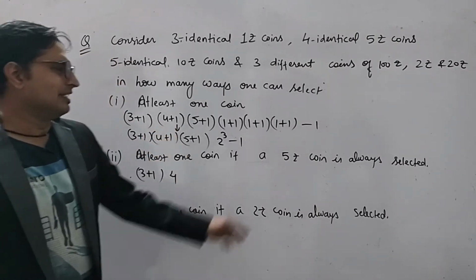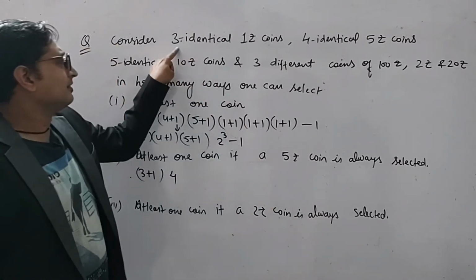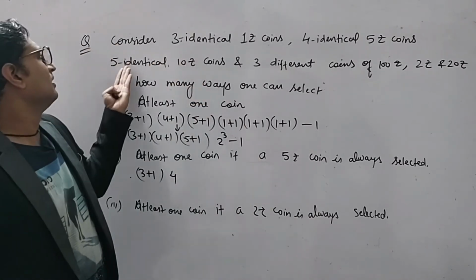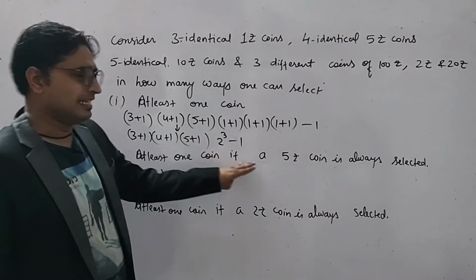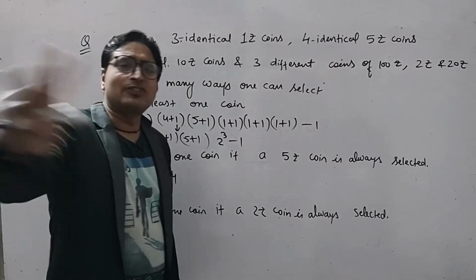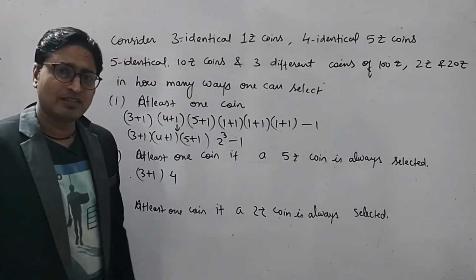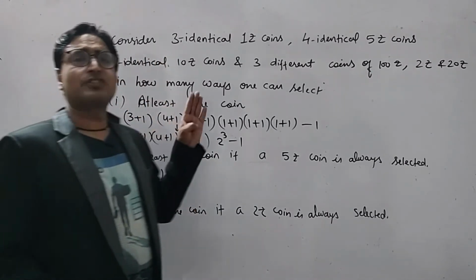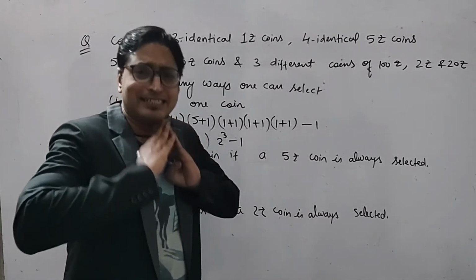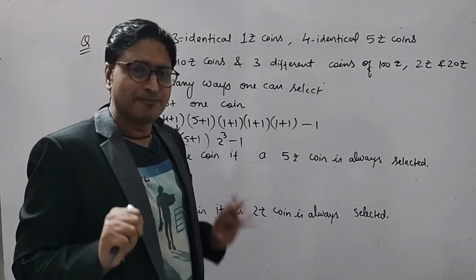And again, if instead of 5 rupee coin, a 1 rupee or 10 rupee coin is there, so we will subtract 1 from the corresponding case. Why? Because we will subtract the way through which we have rejected all the coins. Okay.